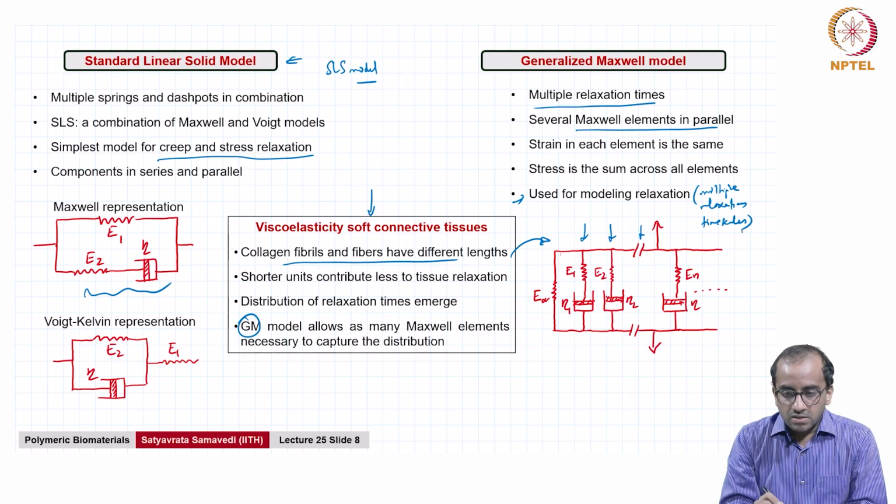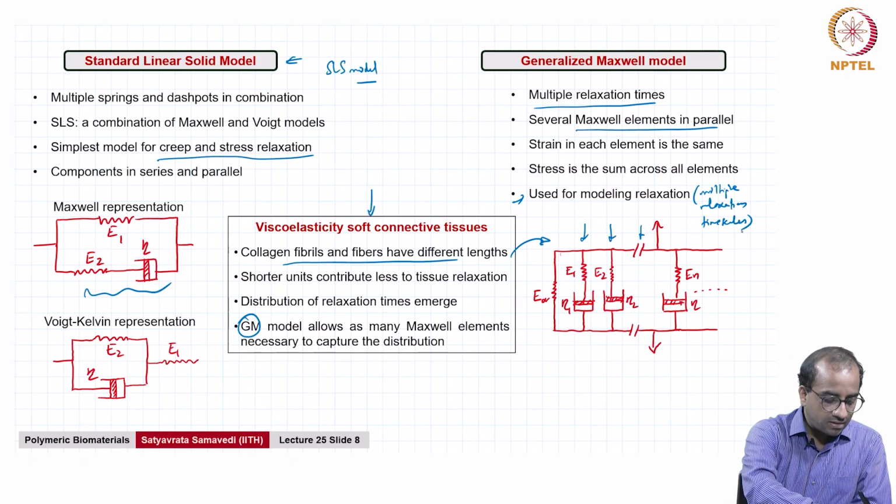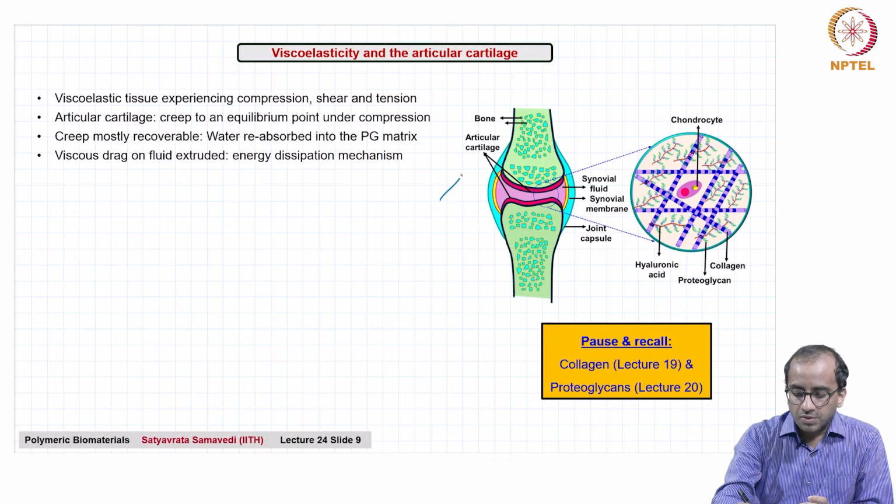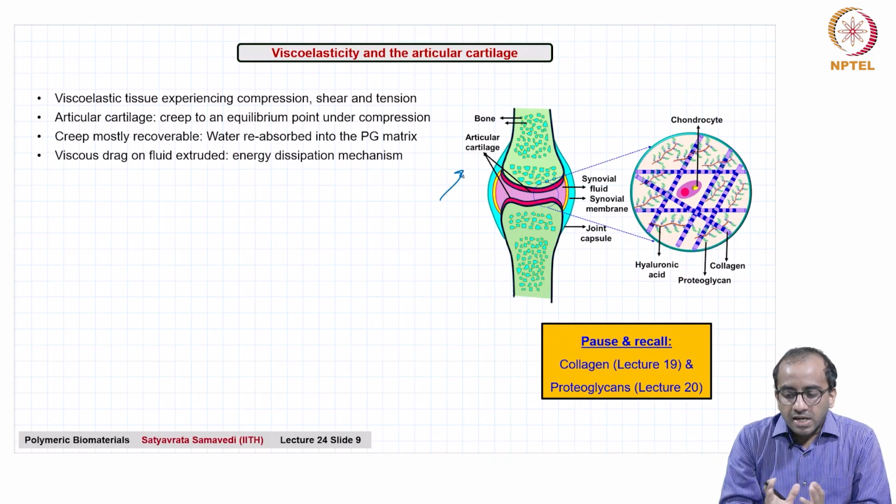So, that is a good segue for us to go to the last slide in this lecture, which is to understand how all of this contextualizes for polymeric biomaterials by looking at specific tissues. Here we are looking at the articular cartilage. We have already looked at tendons in an earlier lecture. Now we are focusing on the articular cartilage, and that is shown here in this picture. Now right away you see there is not just one molecule or one particular biomacromolecule that is responsible for all the properties of articular cartilage.